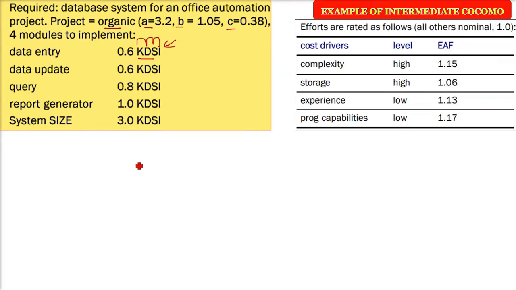Now what you are going to do here is, see, the cost drivers, the level, and EAF are already given. If it is not given, you have to use the table. If complexity is required to high, level of storage to high, experience to low, and programmer capabilities to low, this EAF has to be used.